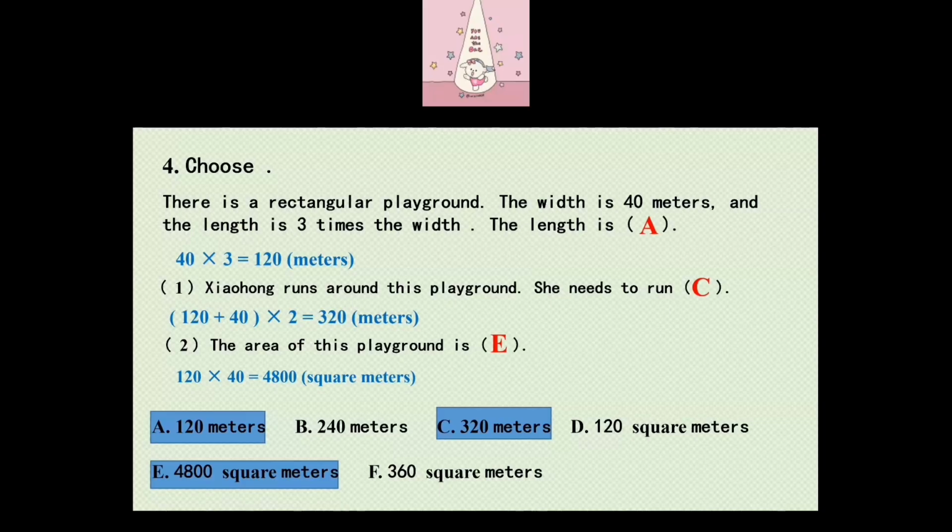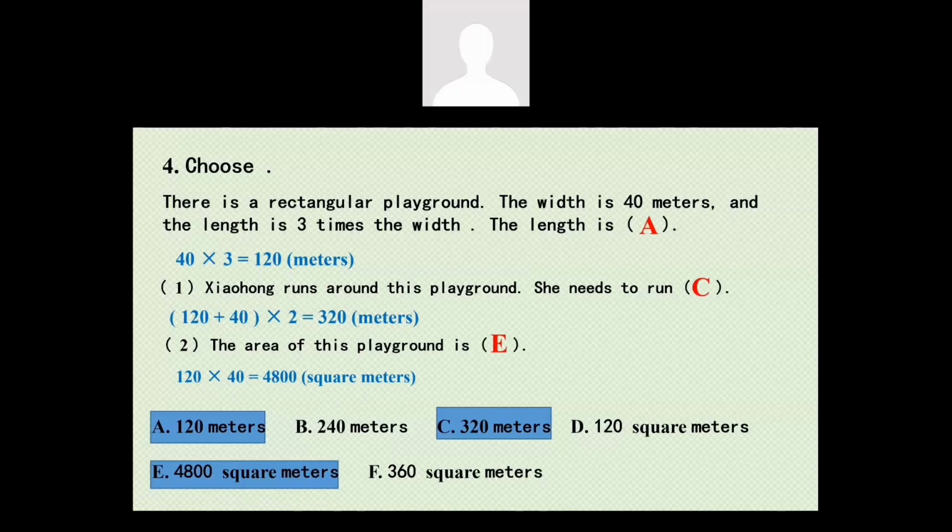And question 3, the area. 120 times 40 equals 4800 square meters.